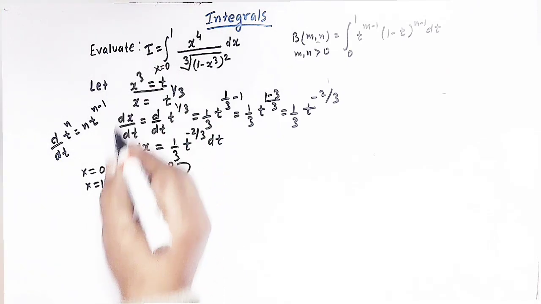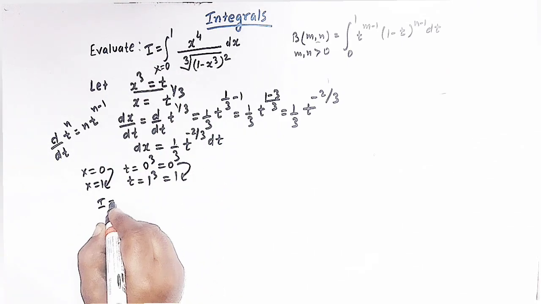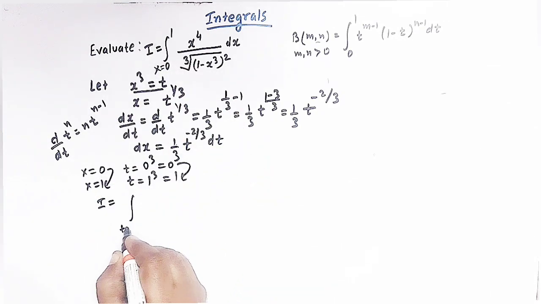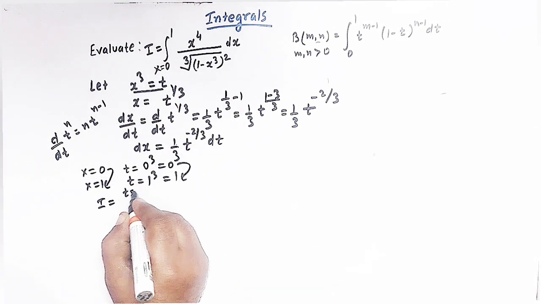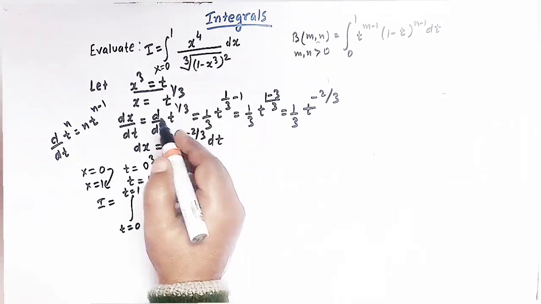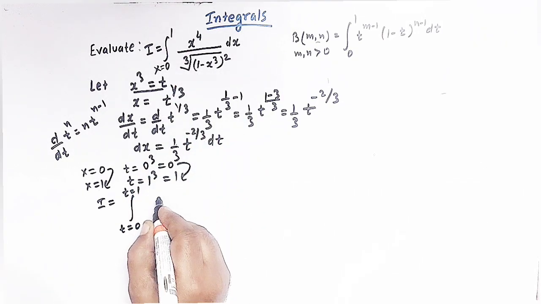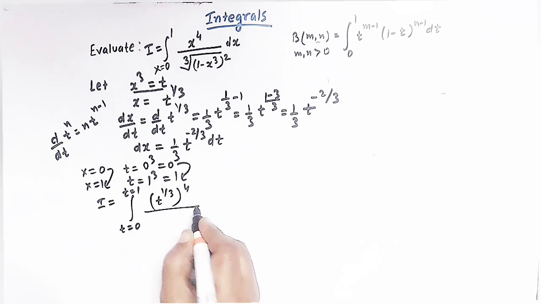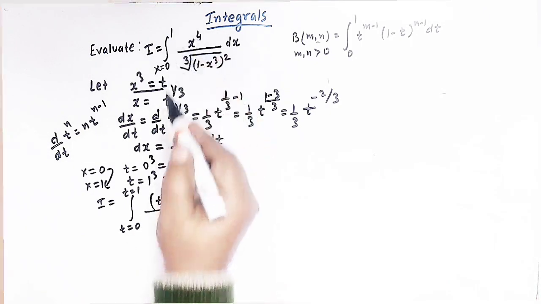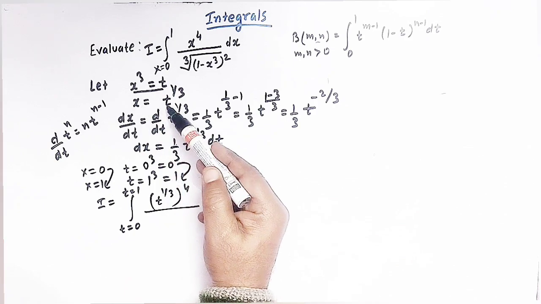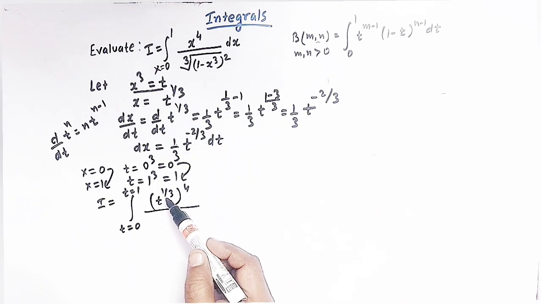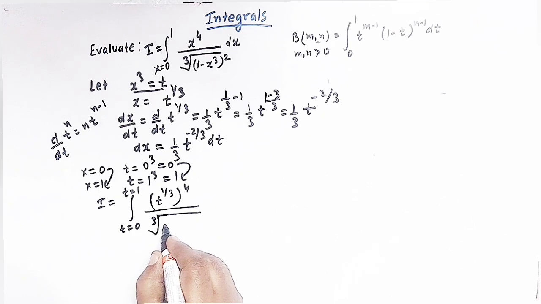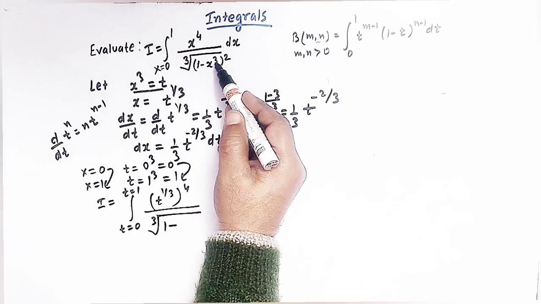So now we can easily write this integral I in terms of t. So we have t is equal to 0 to t is equal to 1, and for x we can write t raised to 1 over 3 raised to 4, since we have x raised to 4, taking x is equal to t raised to 1 over 3, and then we have the cube root of (1 minus x cube) squared.